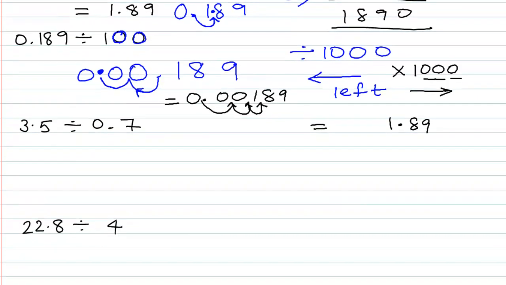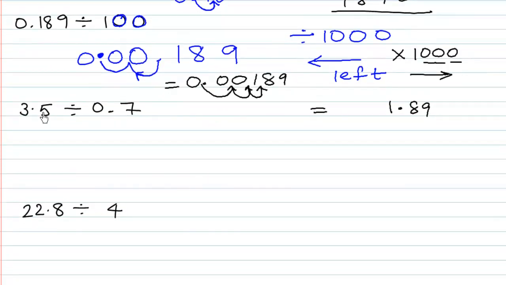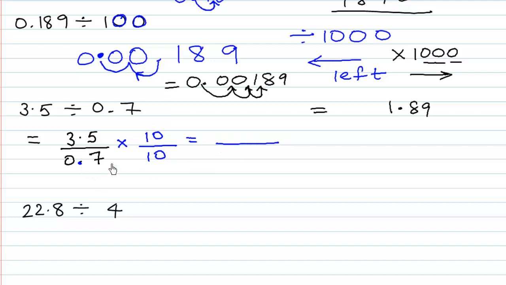Let us discuss how to divide 3.5 by 0.7. We shall rewrite this as 3.5 divided by 0.7, and then look at the denominator. After the decimal point, there is one digit, 7. So we shall multiply 10 to the denominator and 10 to the numerator also, so that this decimal point goes away.